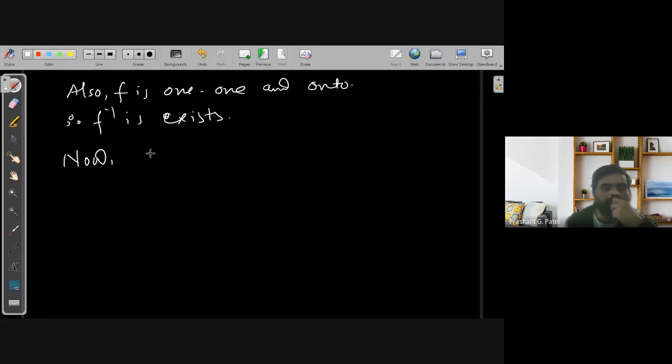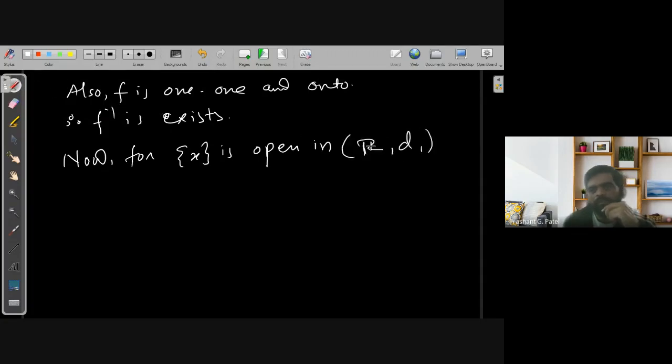I'll take any singleton set, which is open in the discrete metric space (R, d1) that we have considered.